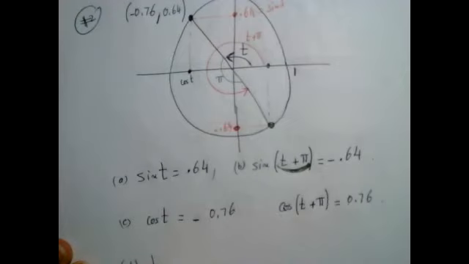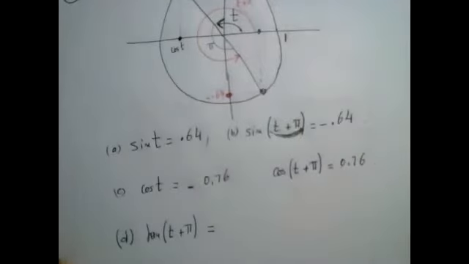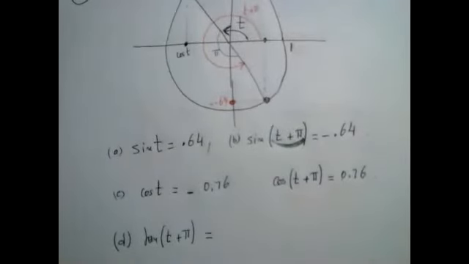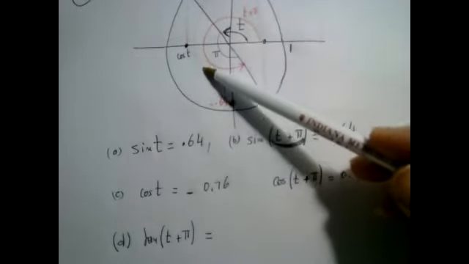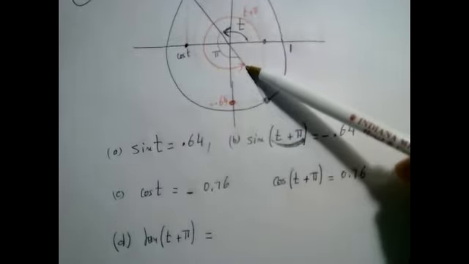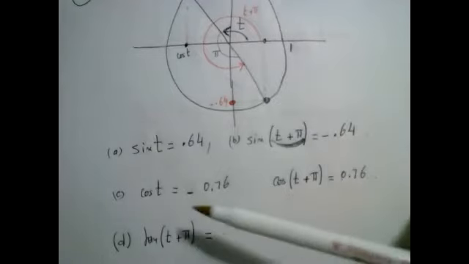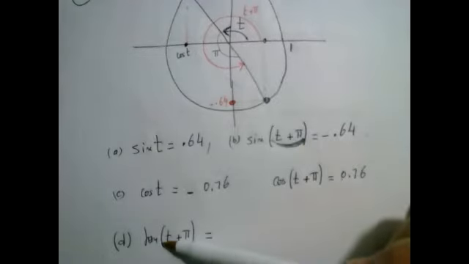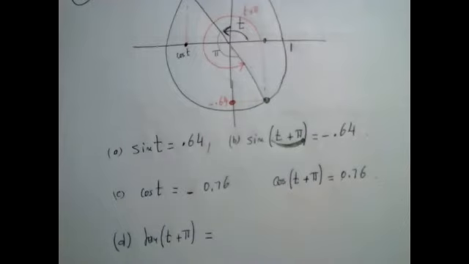Okay. Now back to the questions on my exam. What's the tangent of T plus pi? You have several ways of doing the tangent. First, you locate the angle, which is T plus pi, and the tangent is either the sine over the cosine or the y over the x.